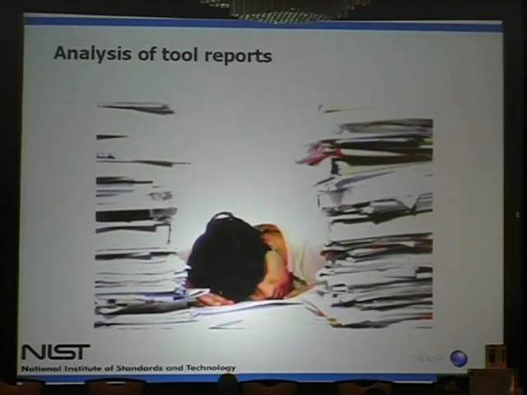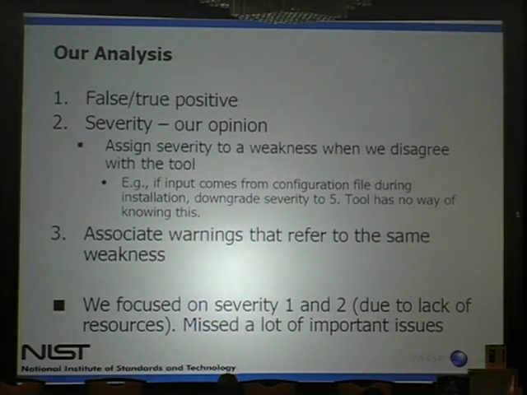Now, analysis of tool reports. I need to tell you about our criteria and also what kind of problems we had. First, you have to classify whether it's a false or true positive, and it turned out not to be a trivial problem at all. Then severity, in our opinion.